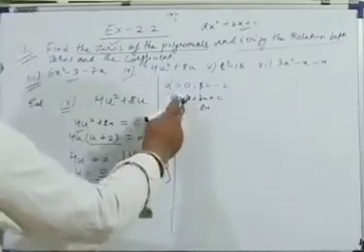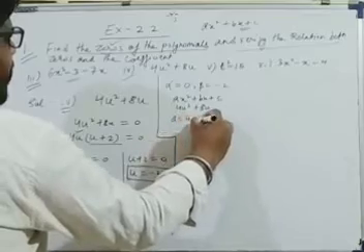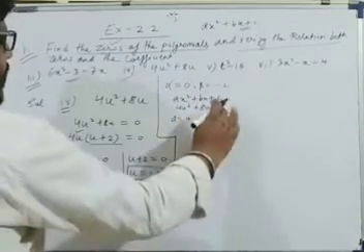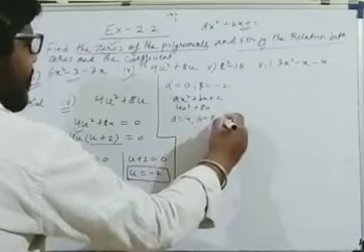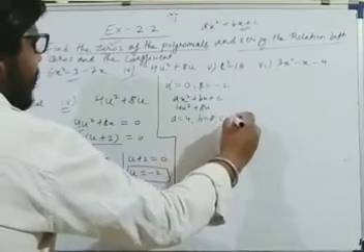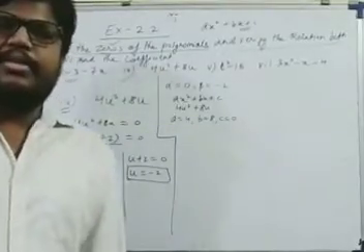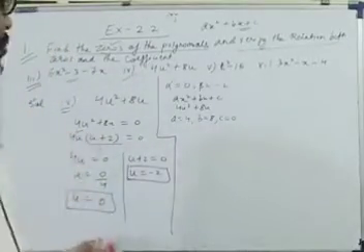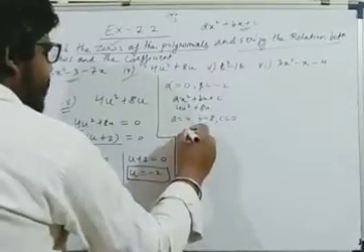Compare this: a equals 4, b equals 8, and c equals 0, so there is no constant term. If any term is not given, you can take that term as 0. Clear? Then you have to verify the relations.